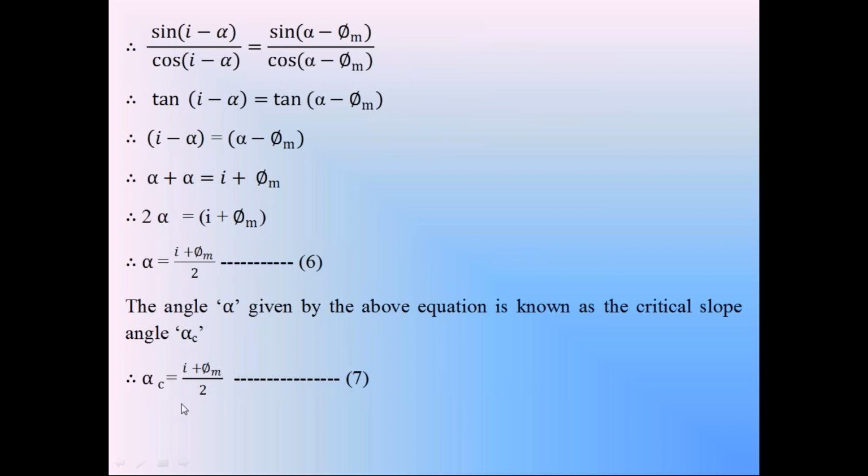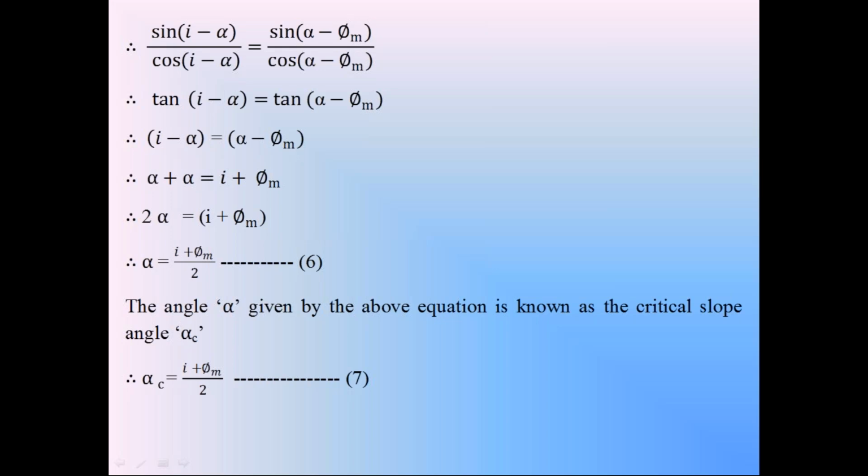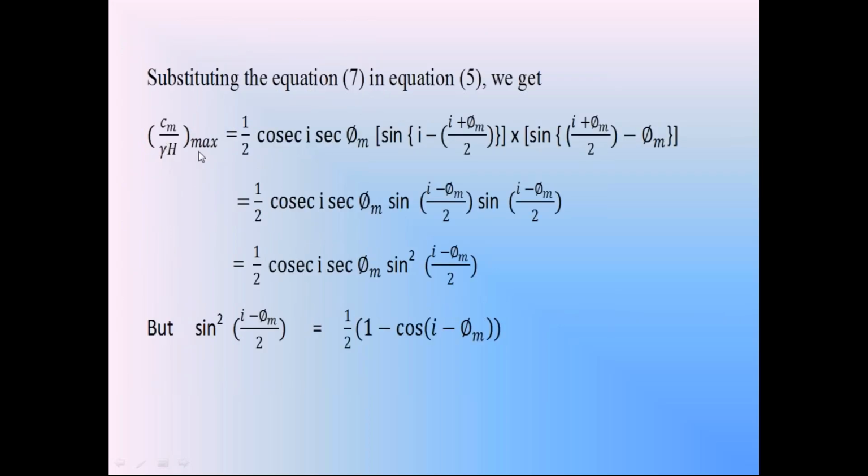Substitute this alpha c in equation 5 to find the maximum stability number Sn. That maximum stability number Sn, that is Cm by gamma h, is equal to half into cosecant I into secant phi m into sin (I minus alpha) into sin (alpha minus phi m).